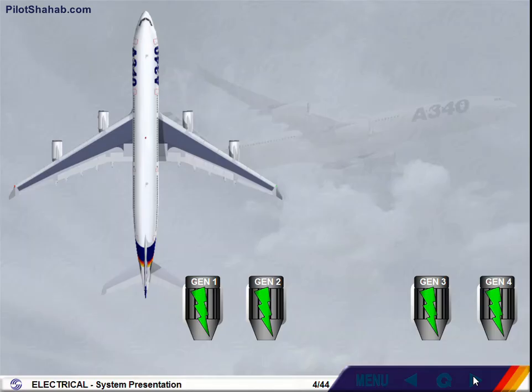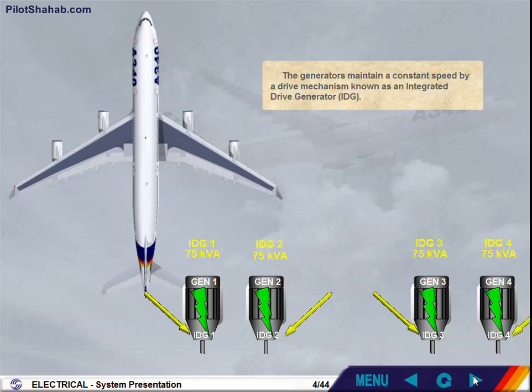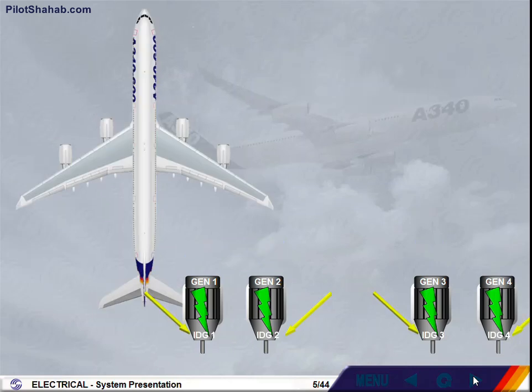The generators maintain a constant speed by a drive mechanism known as an integrated drive generator, IDG. For the A340-600, the IDG power supply has been increased.